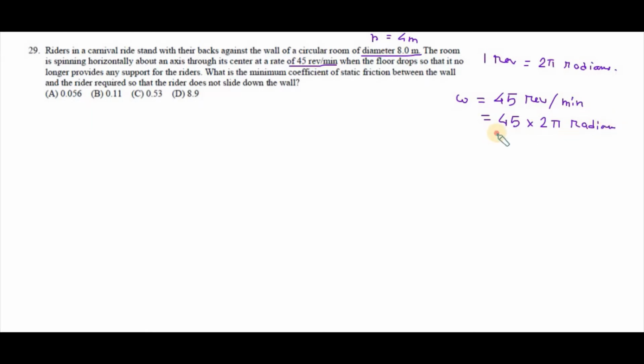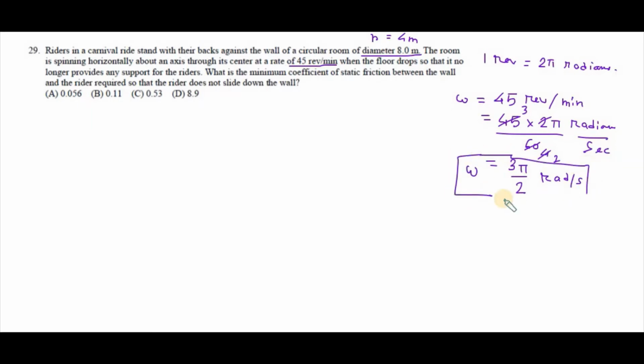And if we convert 1 minute into seconds, 1 minute equals 60 seconds. So that is converted into radians per second, and it comes to 3 pi by 2 rad per second. That represents the angular velocity or angular speed.